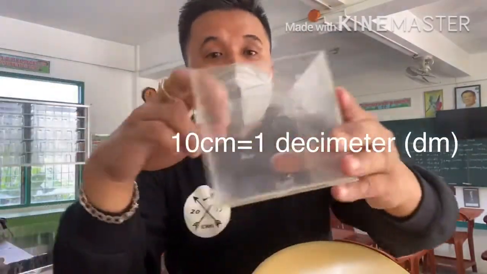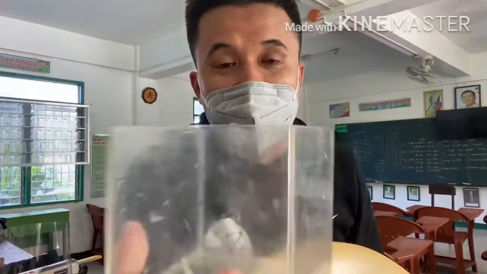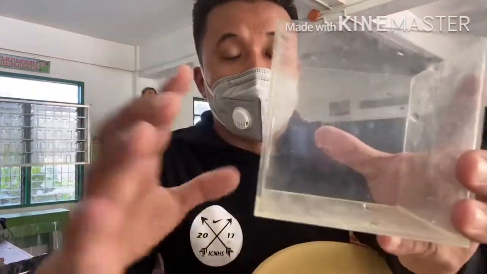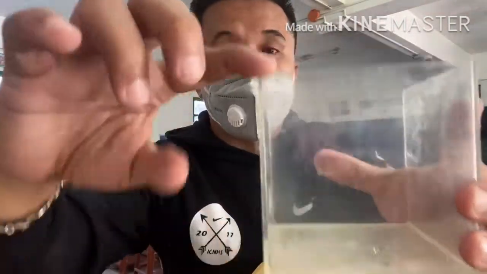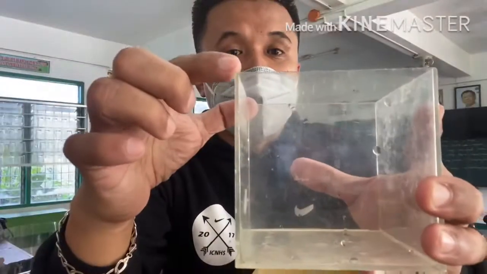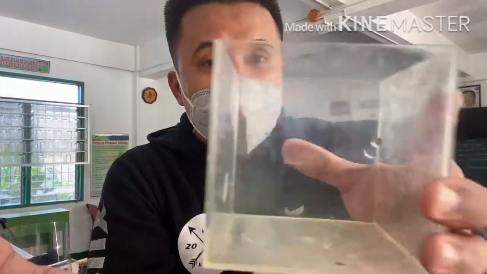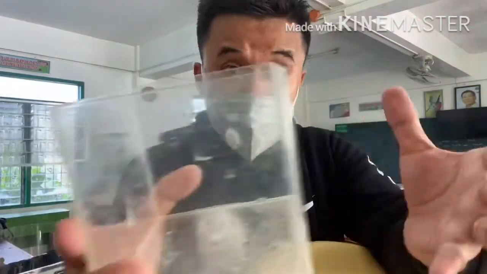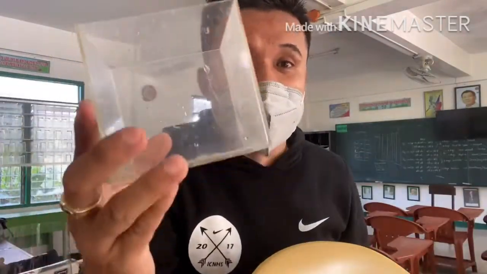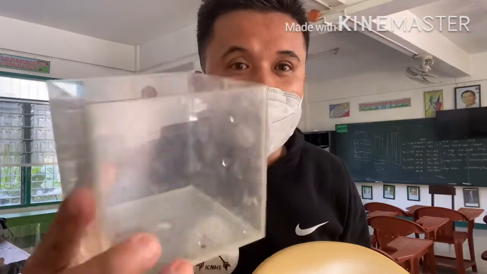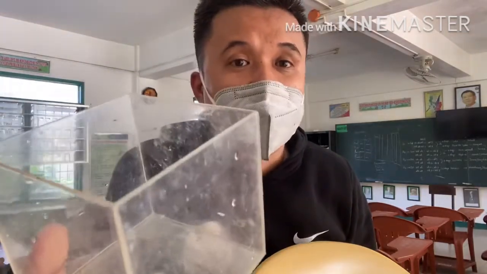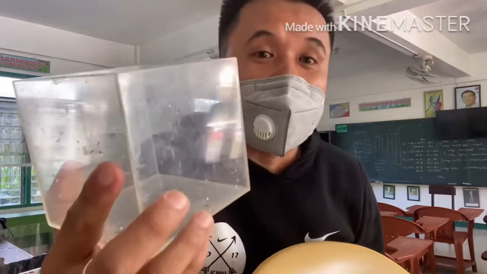So I have here an example of 1 cubic decimeter. So why is it called 1 cubic decimeter? The volume of this is because we have the dimension of 1 decimeter, 1 decimeter, and 1 decimeter. So to get the volume, length times width times height, that is 1 cubic decimeter. Do you know that if this is an ice cube, and you liquefy this ice cube, actually, this is equivalent to 1 liter?